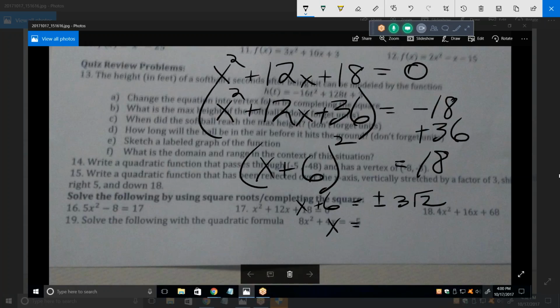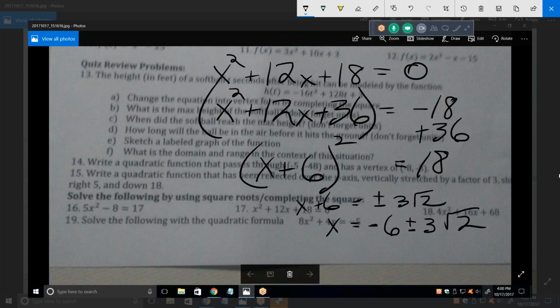What's x equal to? So x equals negative 6. Oh, yeah, I'm moving that 6 to the other side. I got to change its sign. So negative 6 plus or minus 3 square root of 2.